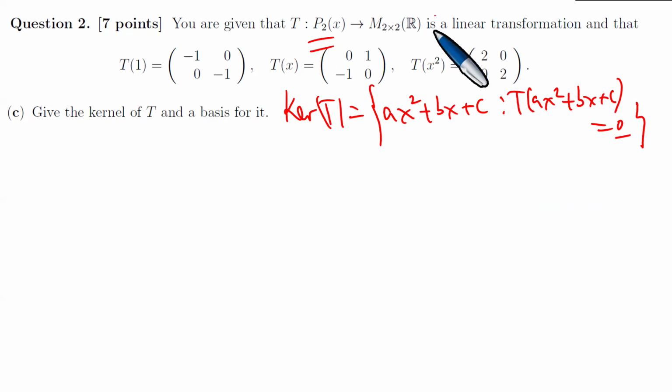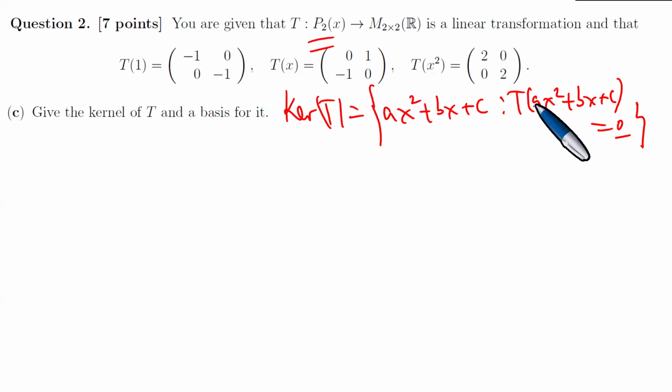So the kernel of T is those ax squared plus bx plus c such that the image of this is 0. So the kernel contains those elements that are mapped to 0 by T. So now what then exactly is the answer to that?